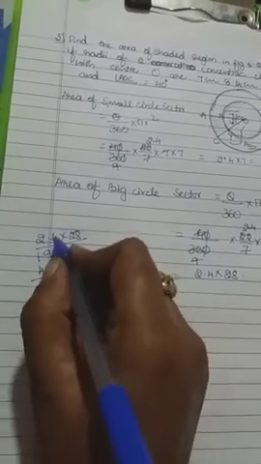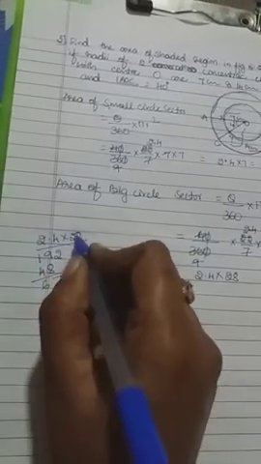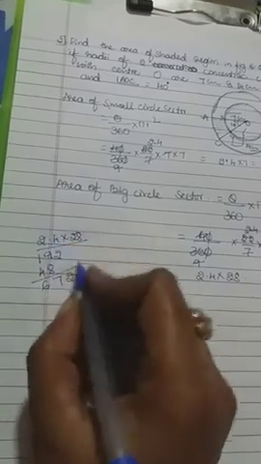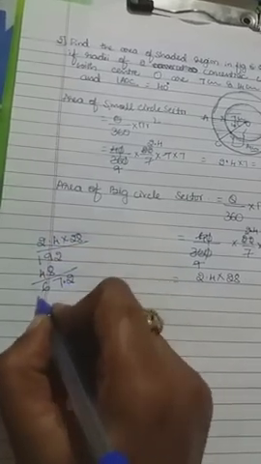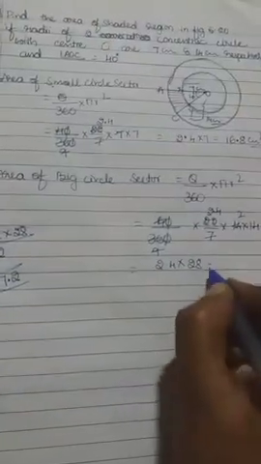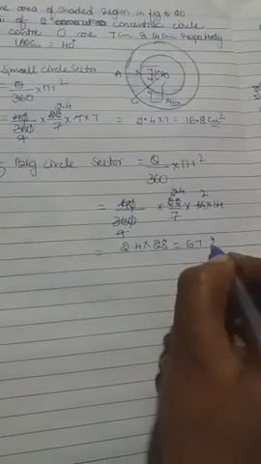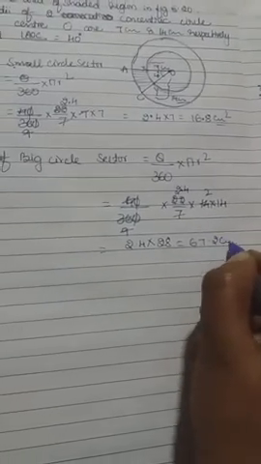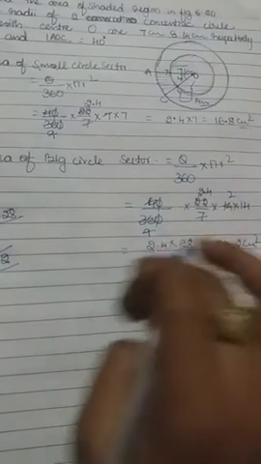Here there is one number after the point, so leave one number from the right side and put a point. So it will become 67.2 centimeter square. This is the area of the big circle sector.